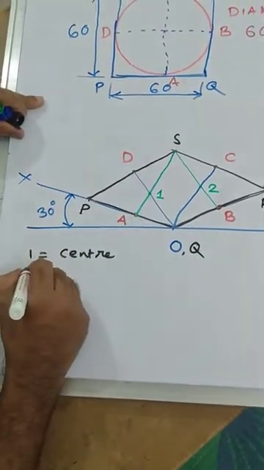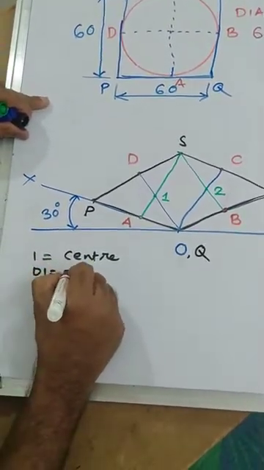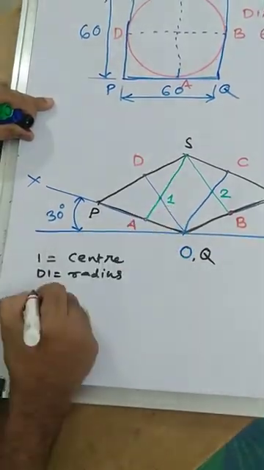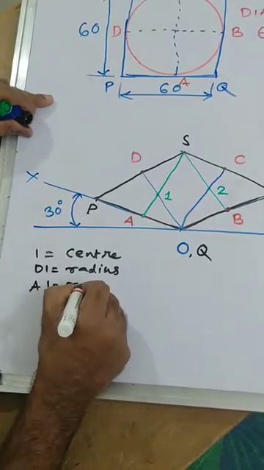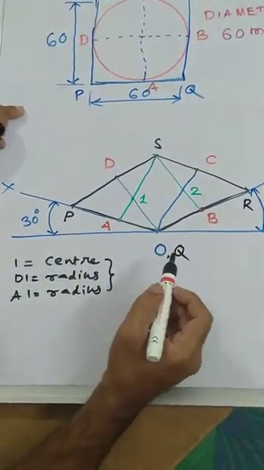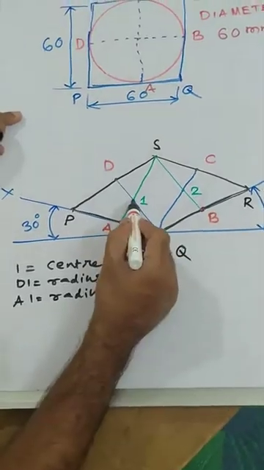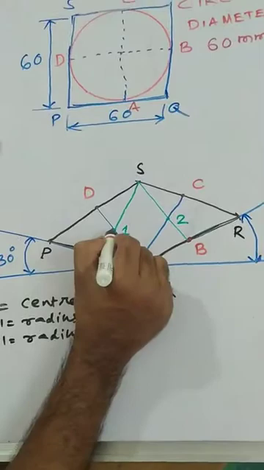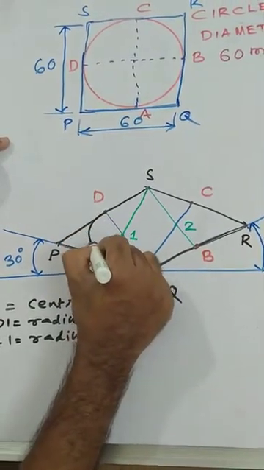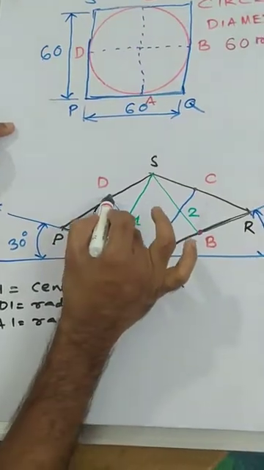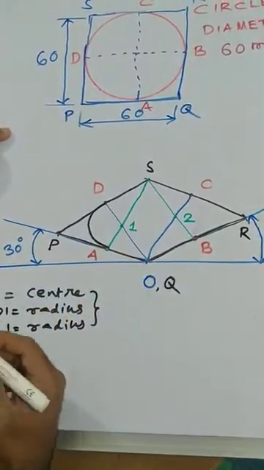Radius will be D1 or A1 as a radius. By using a compass, draw an arc. Again telling, 1 is a center, D1 or A1 as a radius. By using a compass, draw an arc. You can join D point, A point as an arc.